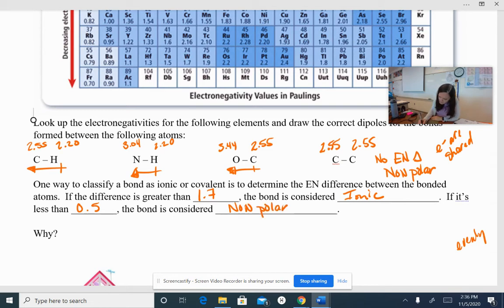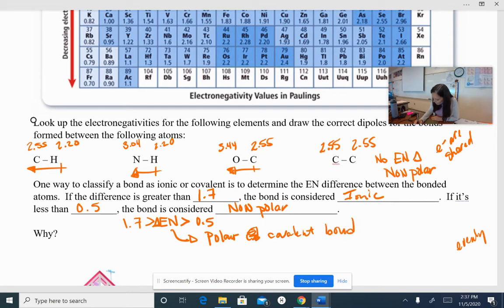If it's somewhere in between 1.7 and 0.5, it's considered a polar covalent bond.